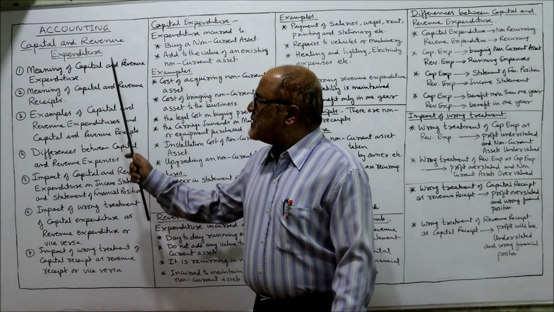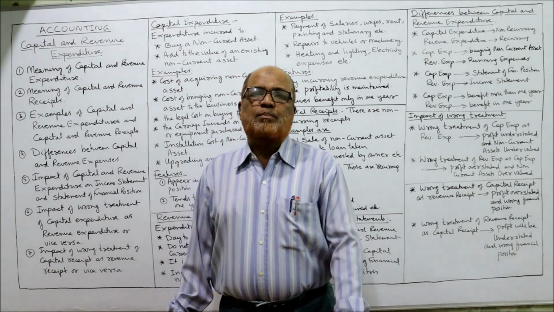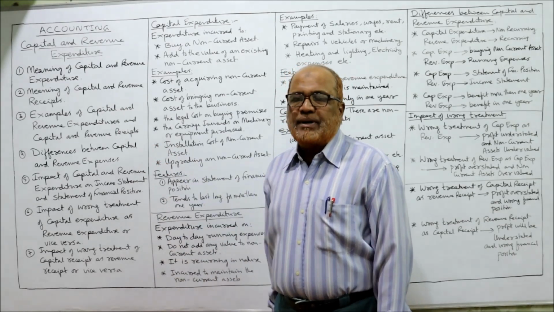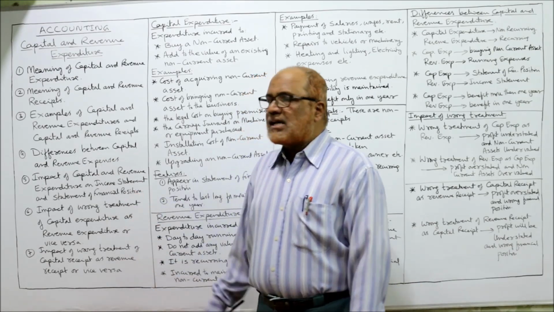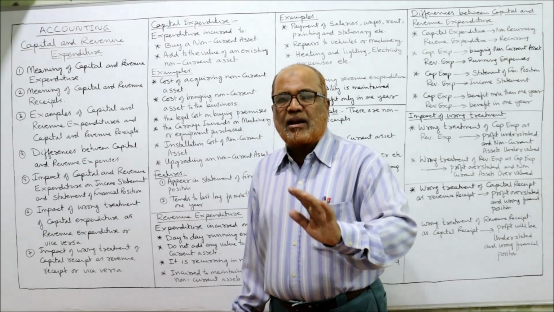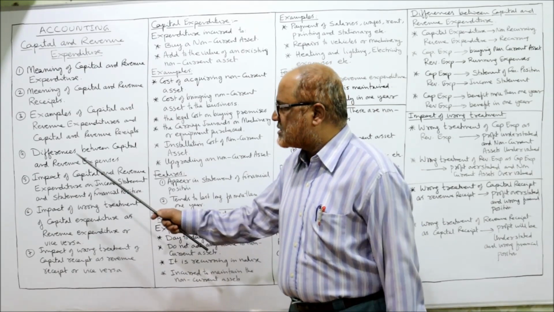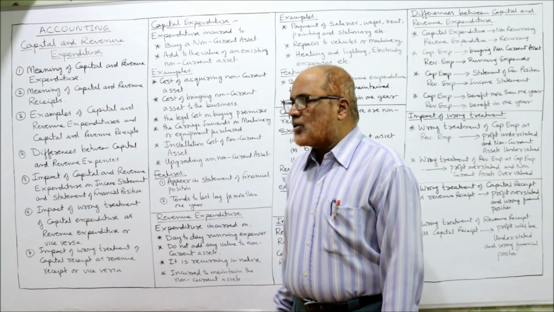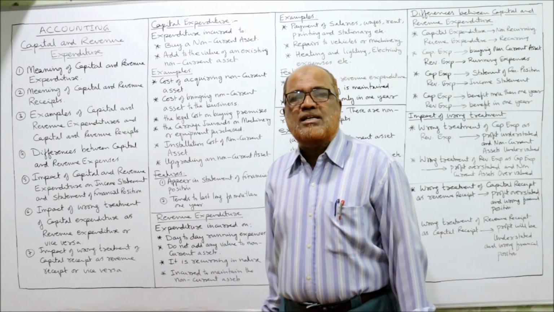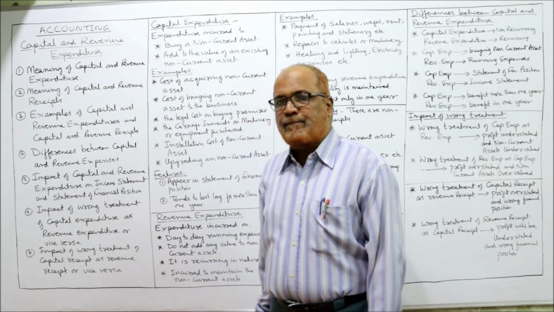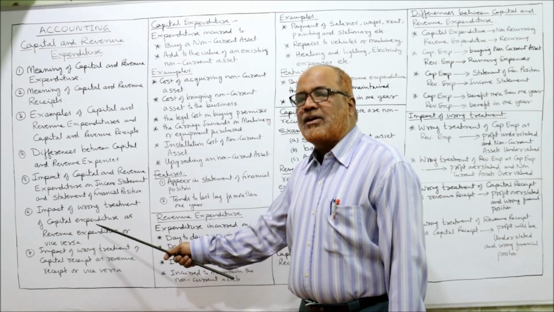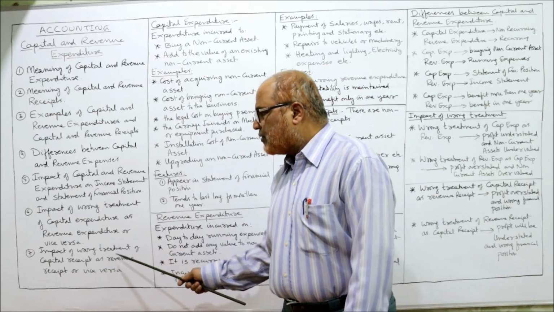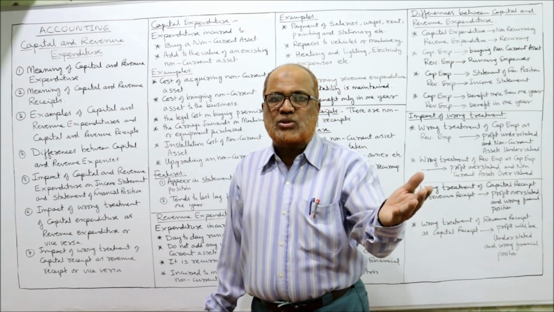Now see, capital and revenue expenditure. In this video I'm going to explain the meaning of capital and revenue expenditure, the meaning of capital and revenue receipts, then examples of capital and revenue expenditure and capital and revenue receipts, then differences between capital and revenue expenses, then the impact of capital and revenue expenditure on income statement and statement of financial position, then the impact of wrong treatment of capital expenditure as revenue expenditure or vice versa, and the impact of wrong treatment of capital receipt as revenue receipt or vice versa.